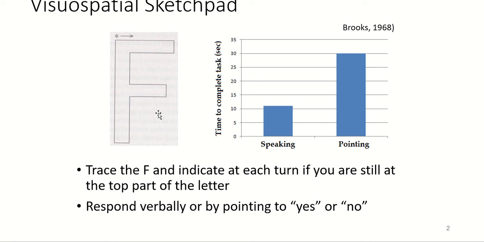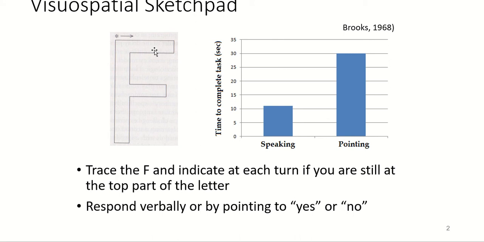If we now look at how long it takes people on average to complete a full circle around the letter F when they're speaking versus pointing, you indeed see that pointing was a lot harder here, taking people a lot longer. And the idea is because this pointing task uses the Visuospatial Sketchpad, while the traveling the F task also uses the Visuospatial Sketchpad. So this is a really nice study.